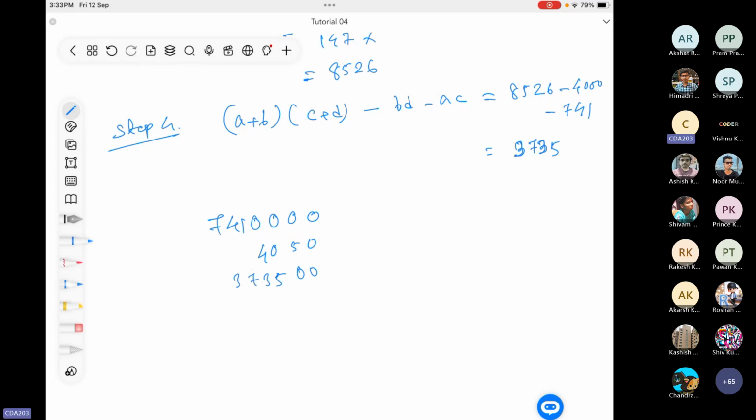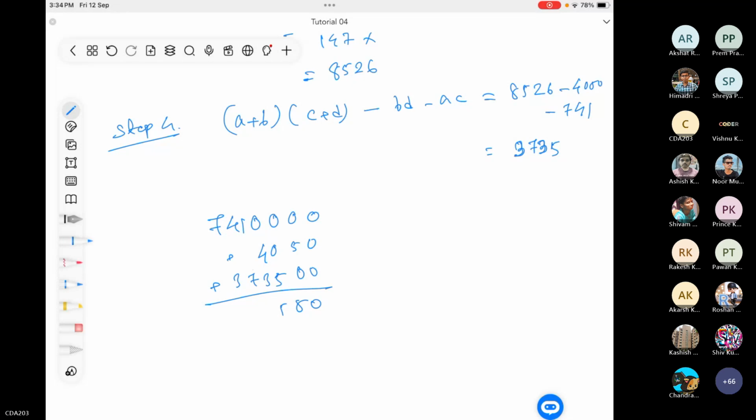So can you add these numbers? If you add 0, 5, 5, so is it the same? No. That's 7787550.